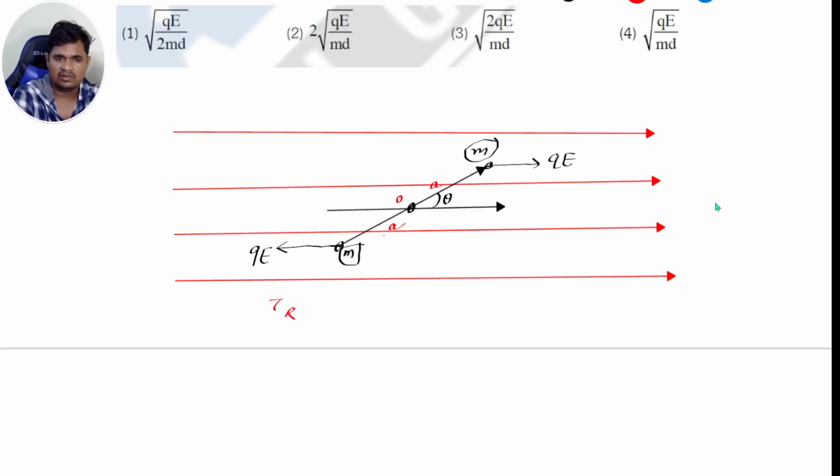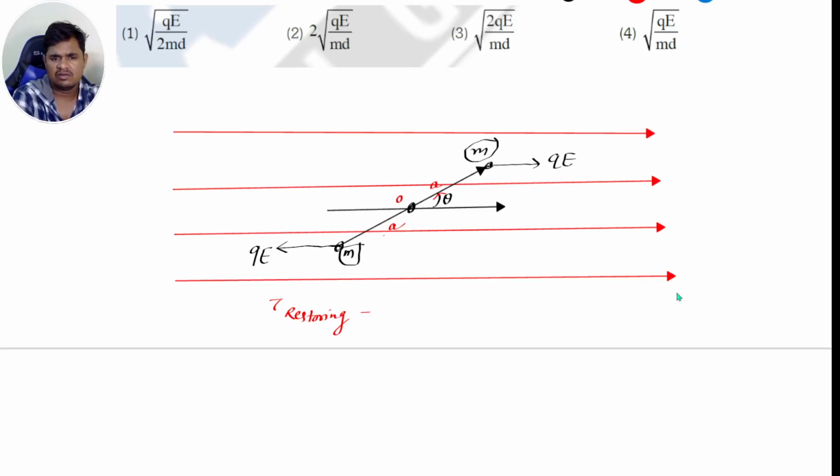Why am I saying restoring? You can clearly see that I had displaced the particle in this direction by an angle theta, but the torque is trying to rotate it in the opposite sense. That's why I said restoring torque.